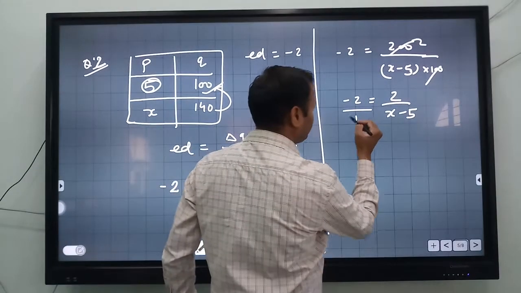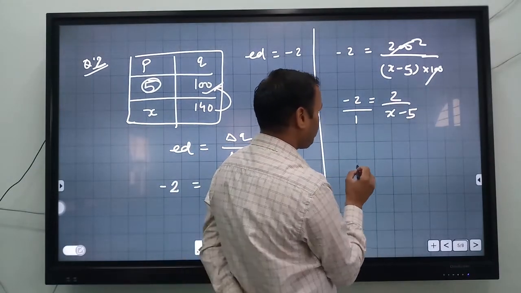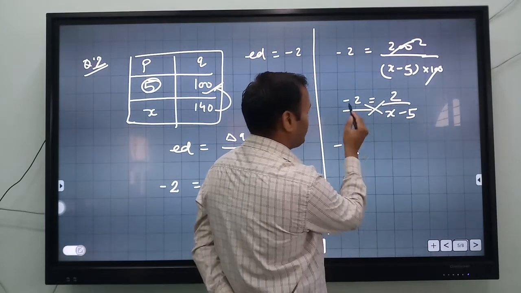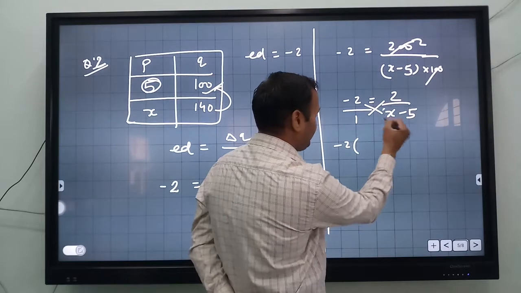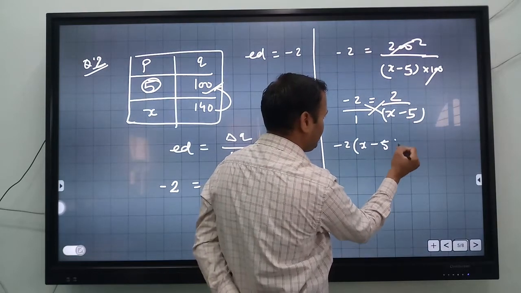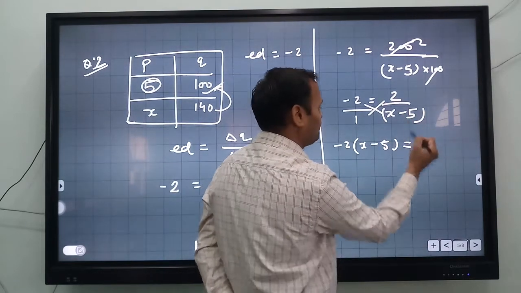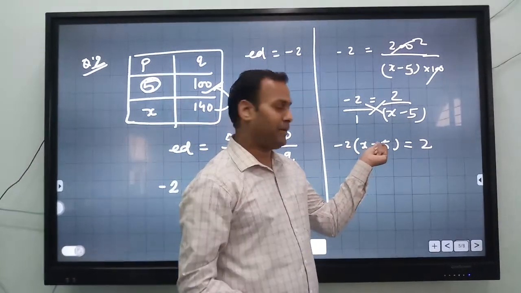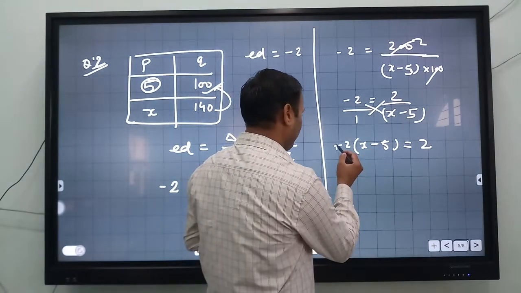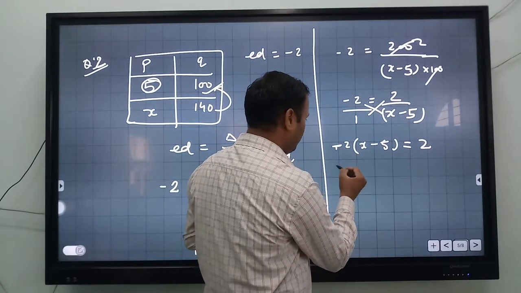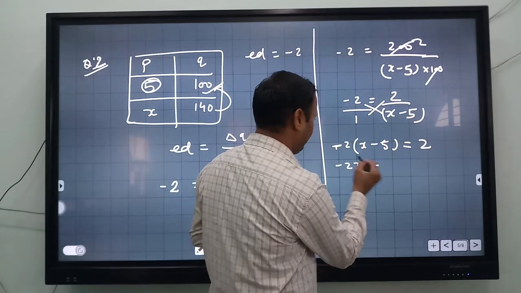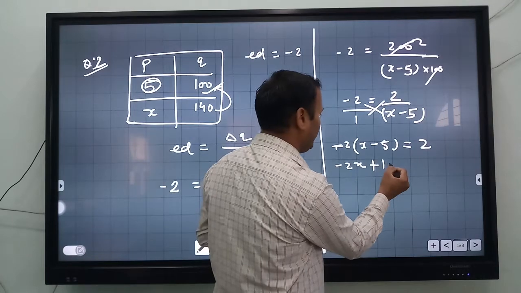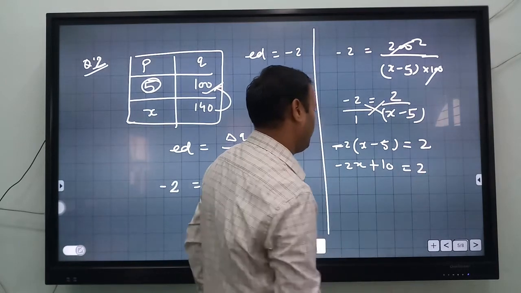Now just cross multiply. Minus 2 into (x minus 5) is equal to 2. Multiplying the bracket gives minus 2x, and minus into minus is plus, so minus 2 into minus 5 is plus 10, equal to 2.